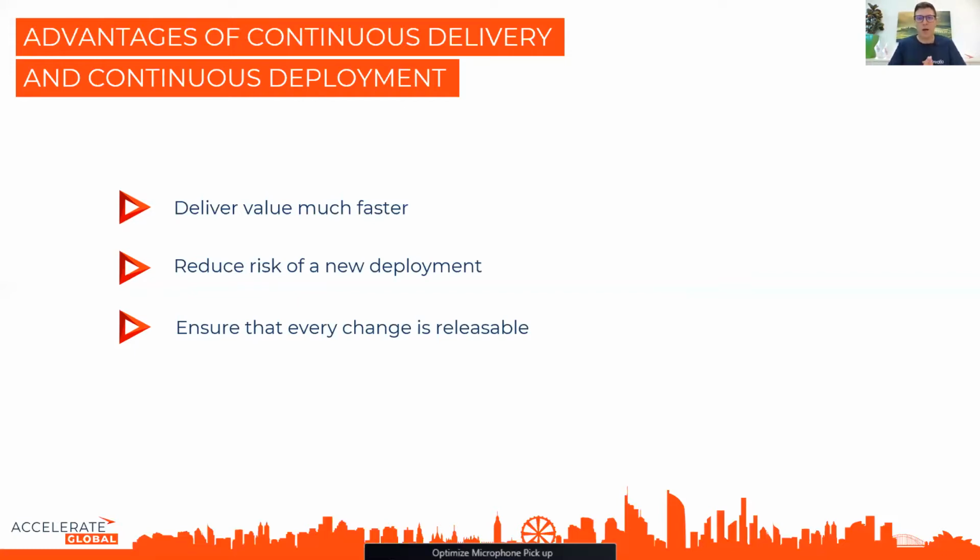And if you are doing small changes and they go to production often, it in general lowers the risk in comparison to doing very big releases, let's say once in a few months or so. So problems are much easier to detect and fix.